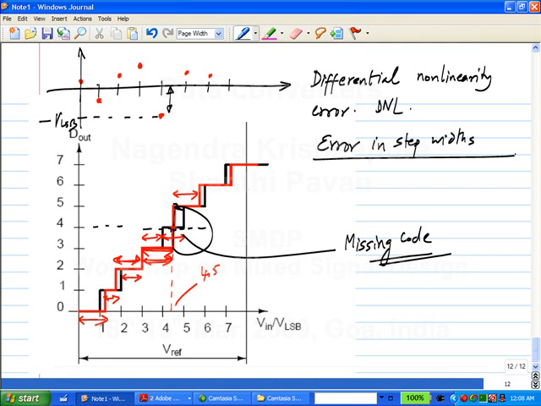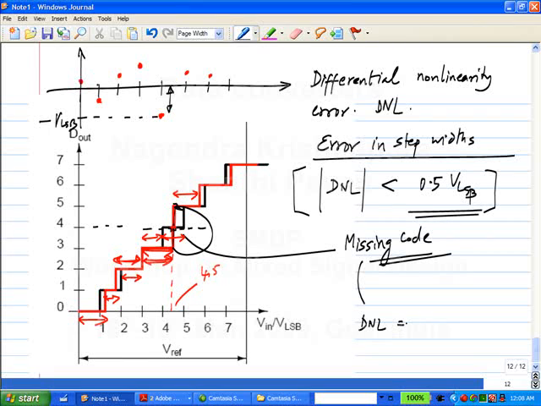And this DNL is also typically limited to half LSB in magnitude. Okay. So if you do this, you also guarantee no missing code, because for missing code, DNL will be minus VLSB.